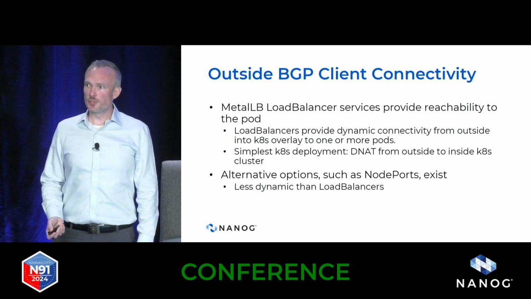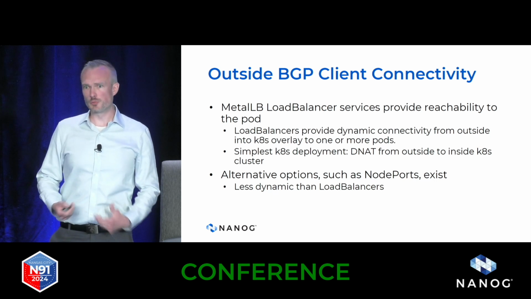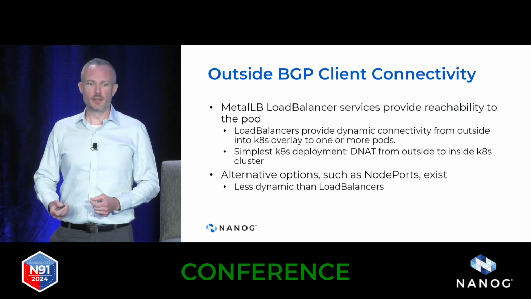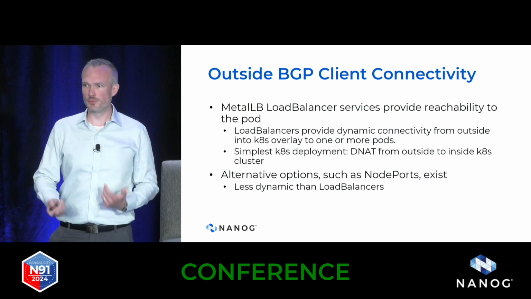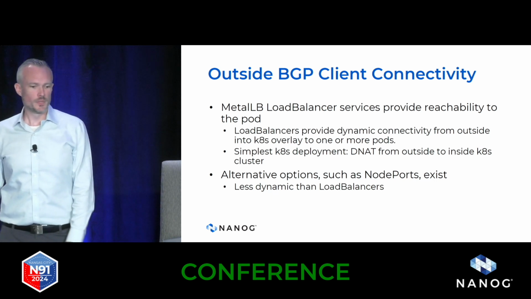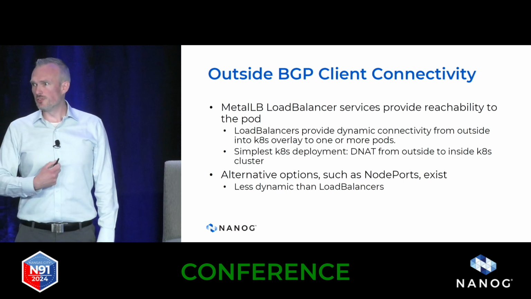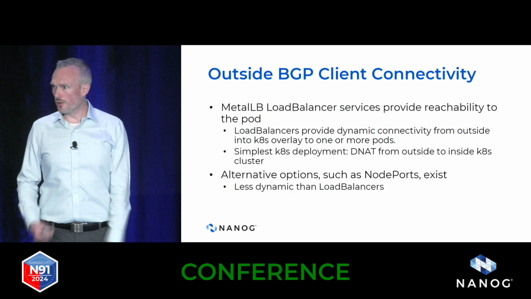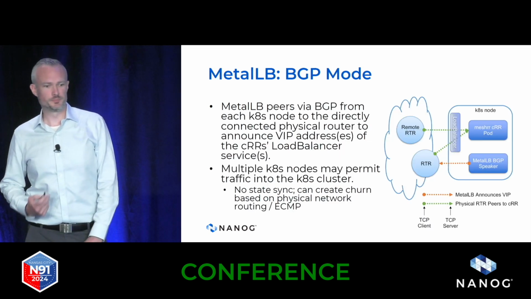We do have alternatives, namely the biggest one would be node ports. Node ports allow you to much more statically correlate an IP address with a specific node and what is configured on the underlying host via, like, your IP config. It's obviously less dynamic than load balancers, doesn't have some of the integrated health checking capabilities, so you would be responsible for creating that on your own.